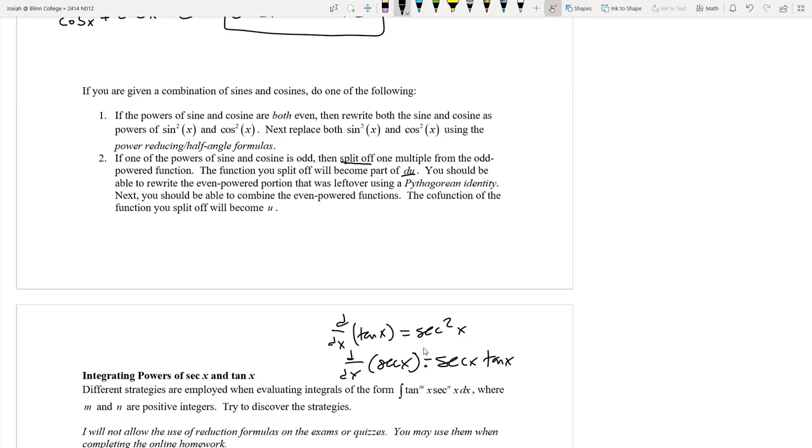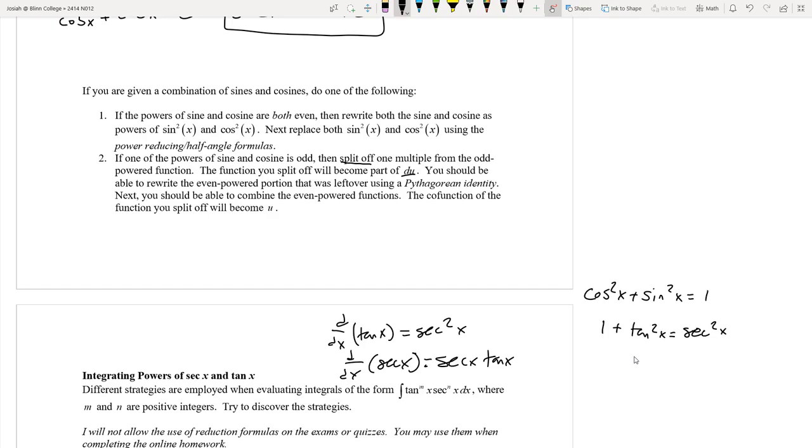Another thing that we'll have to acknowledge is that instead of having the Pythagorean identity where adding the squares together of sine and cosine equals 1, if we divide everything through by cosine squared, we get 1 plus tangent squared of x equals secant squared of x, right?